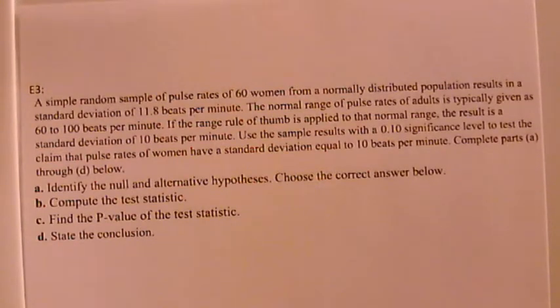The normal range of pulse rates of adults is typically given as 60 to 100 beats per minute.